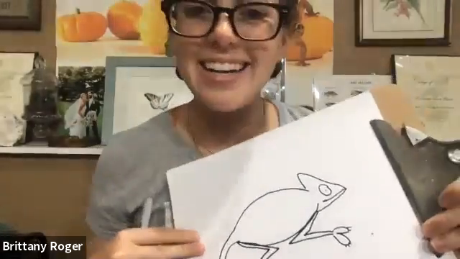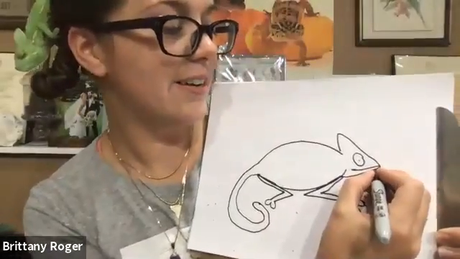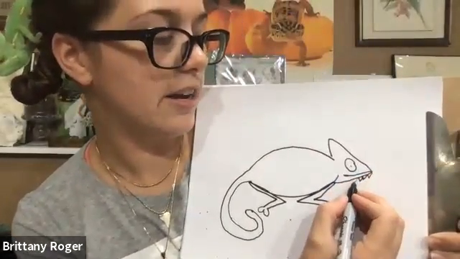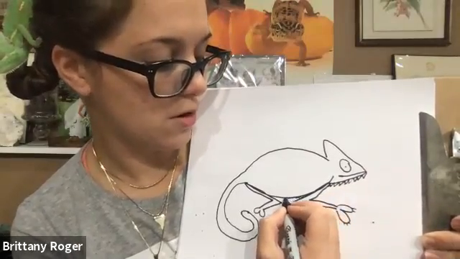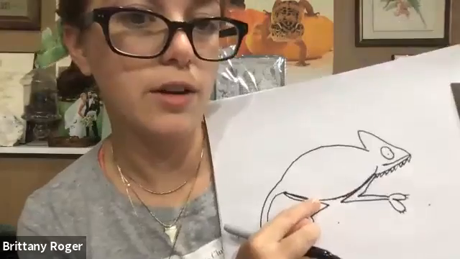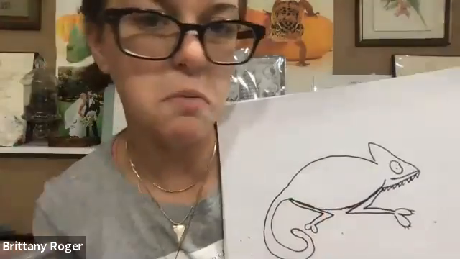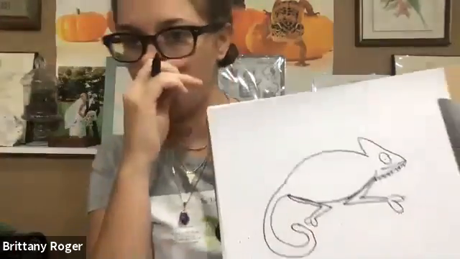But what tiny shape could we do over and over again to get those little spikes? Yeah, you guys figured it out. Very good. They're itsy bitsy little triangles. And they get smaller as they go all the way down. So if you don't have room to do it under the belly, nah, just don't worry about it.